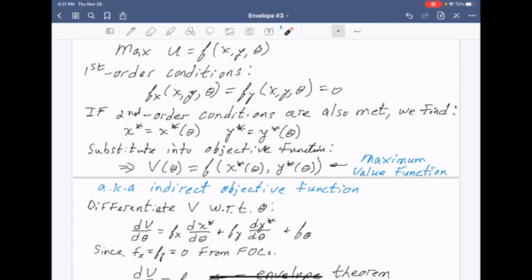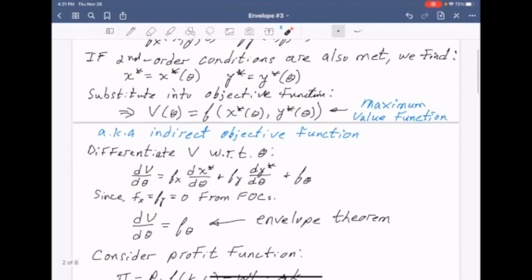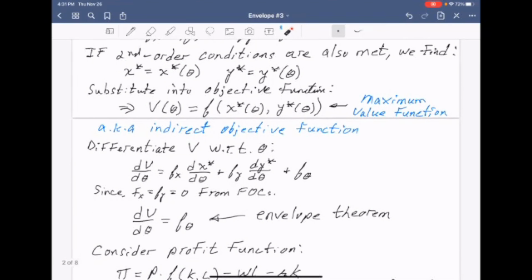We substitute those back into the objective function and we get the maximum value function v as a function of theta, as shown here by the function of the optimal x's and y's, which are now functions of theta. The value function is also known as the indirect objective function.